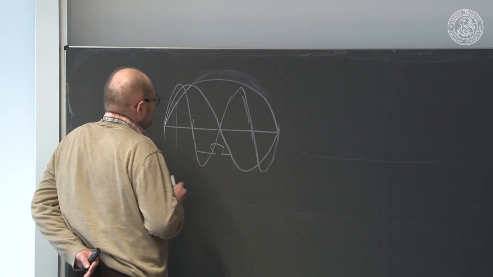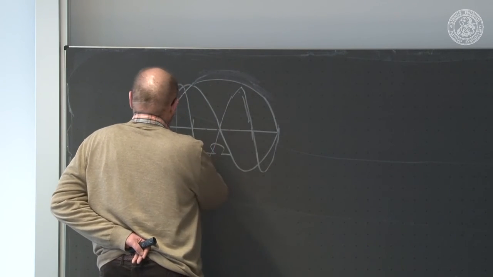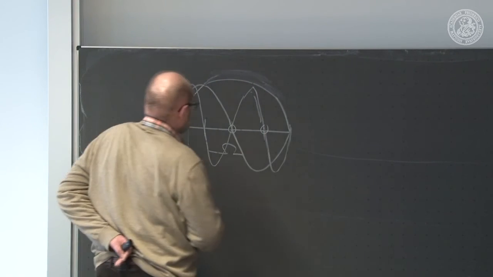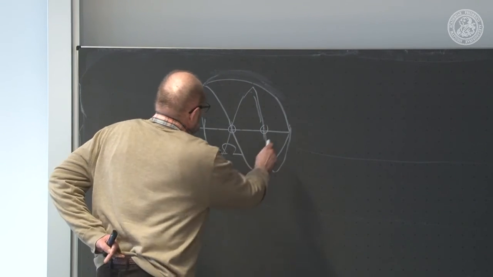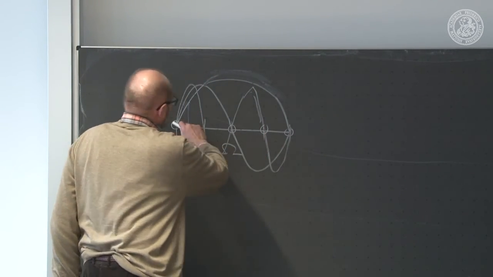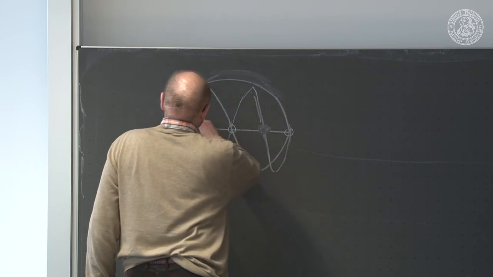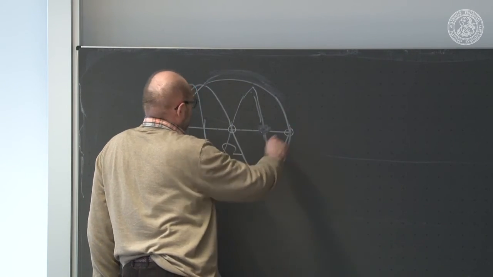For example, let's say we only have these discretization points. What does this mean, for example, for this eigenfunction here?